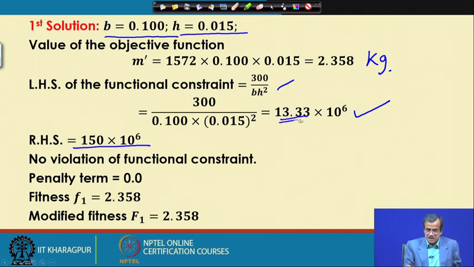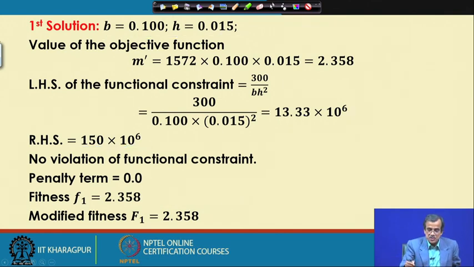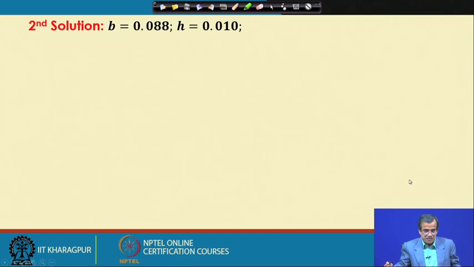The developed stress is less than the allowable stress, so there is no violation. So the penalty term p is equal to 0, the original fitness is 2.358, and the modified fitness remains the same as the original, that is 2.358. This is the way for the first solution we can find the value of the objective function and the fitness information.